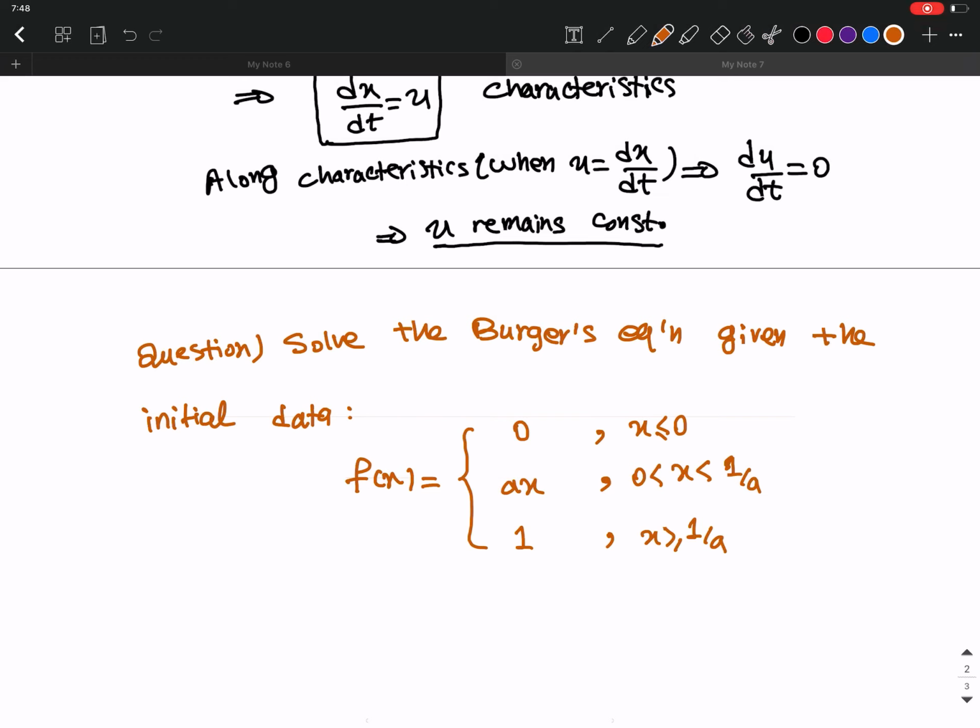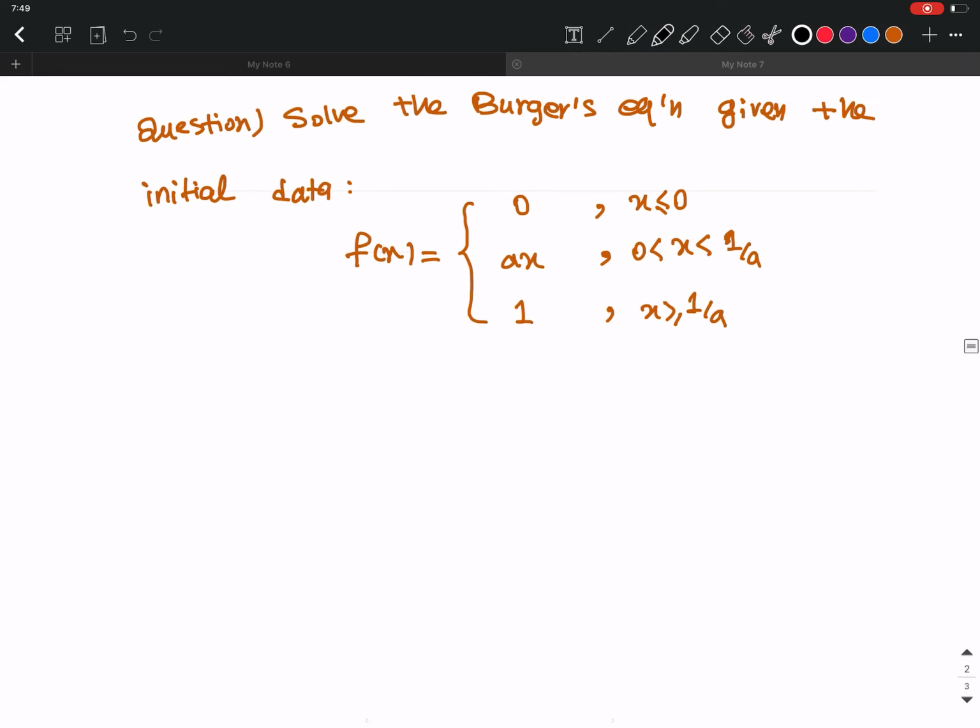Okay. So now the question wants us to find the solution for Burger's equation using this initial data. So let's see what this function looks like.